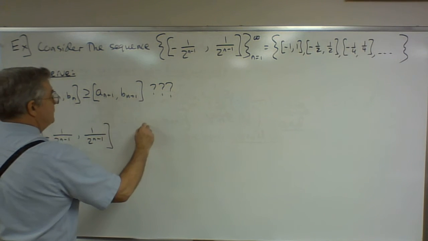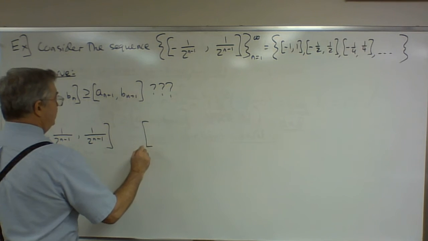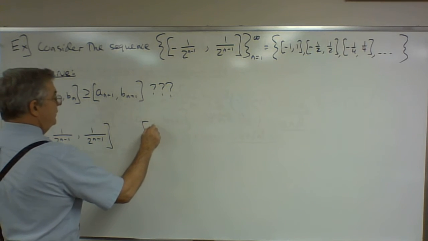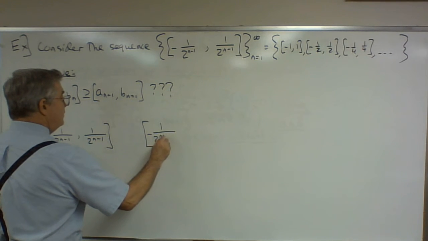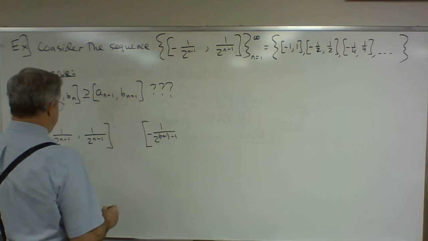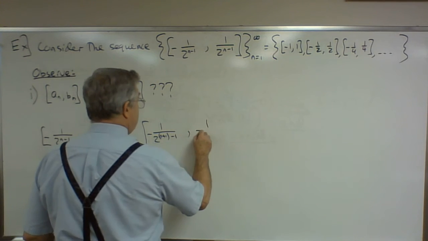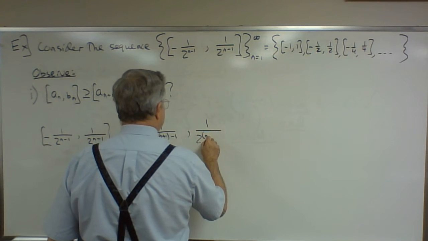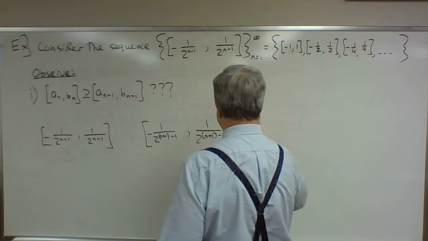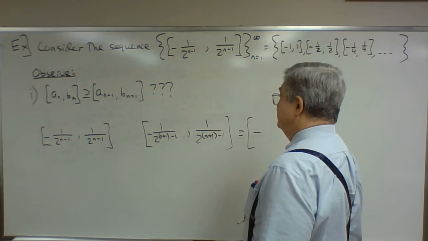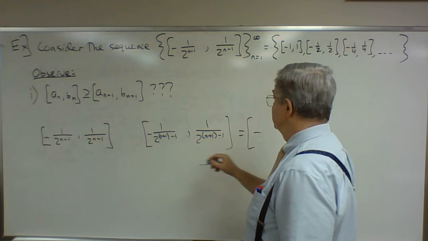And this thing, this is negative 1 over 2 to the n plus 1 minus 1, 1 over 2 to the n plus 1 minus 1. So that's 1 over 2 to the n.